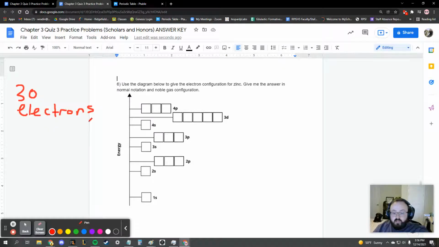So what we start to do is we start to fill these in one by one. Here's our first electron. 1, 2, 3, 4. Now we go to our 2p. 1. Notice the way that I'm doing this is very specific. I'm adding 1 to each one of these orbitals before I start pairing them up, like so.